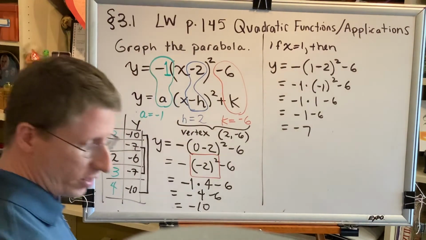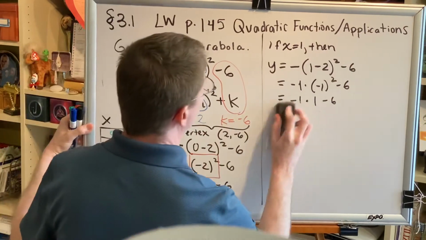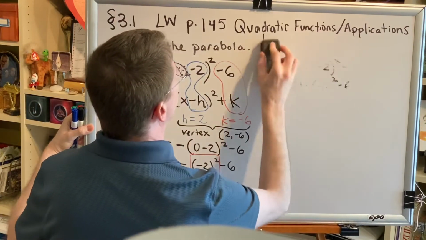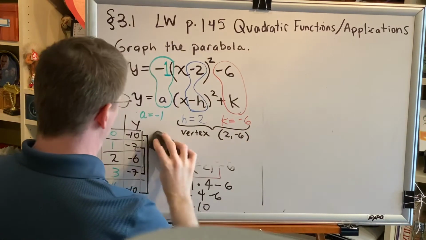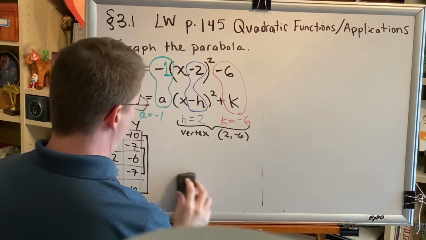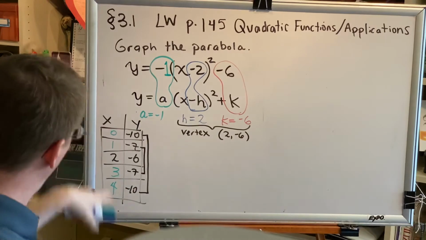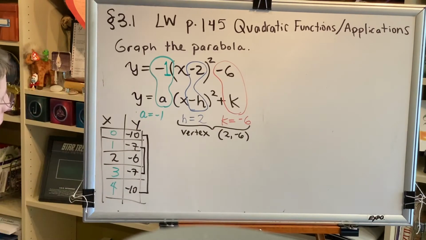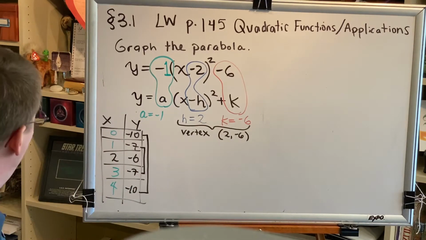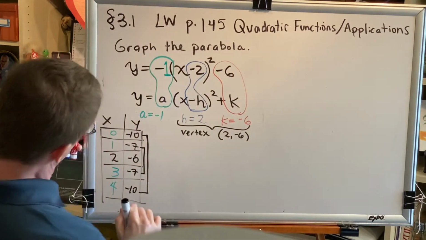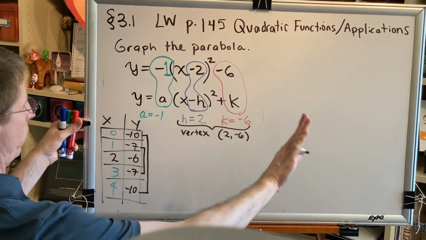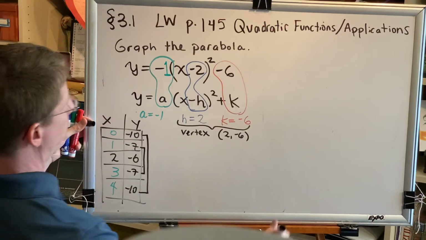All right, so now that we have our table of points, we'll graph the parabola. Okay, all of our x's are non-negative. All of our y's are negative. So that means we're looking at, let's see here, I have to think about it, quadrant 1 or 4, quadrant 4.